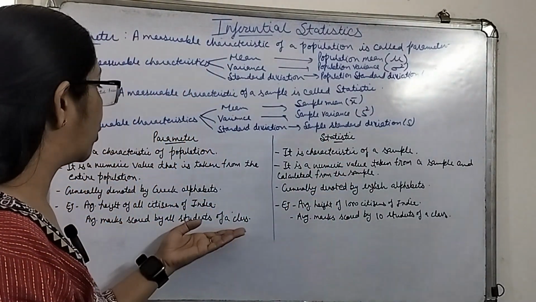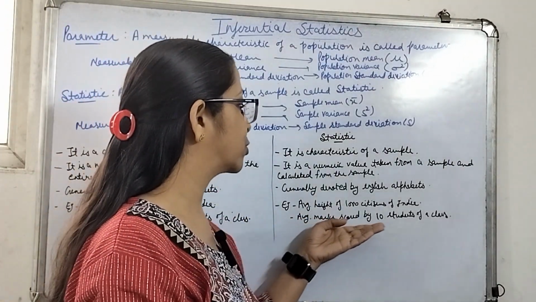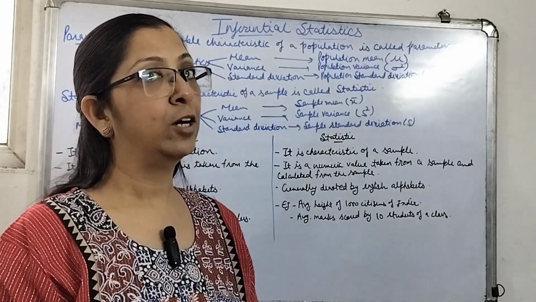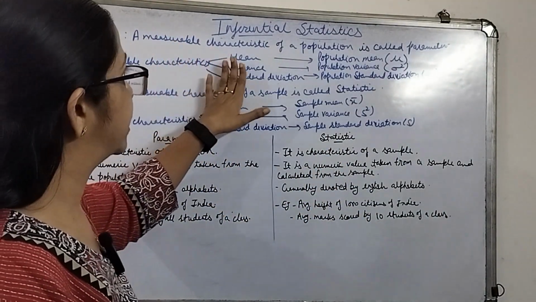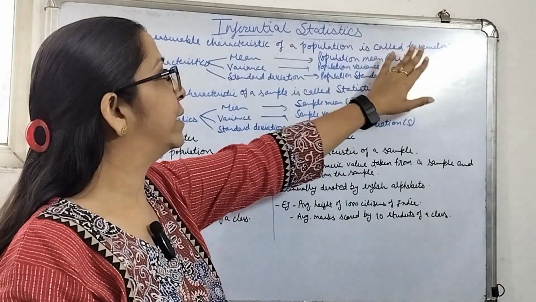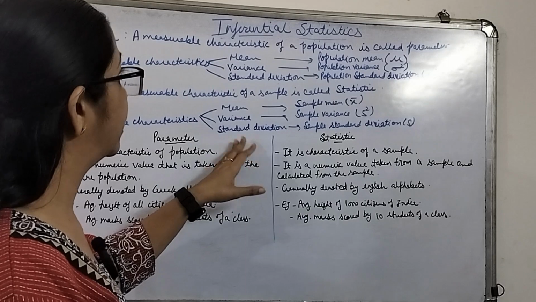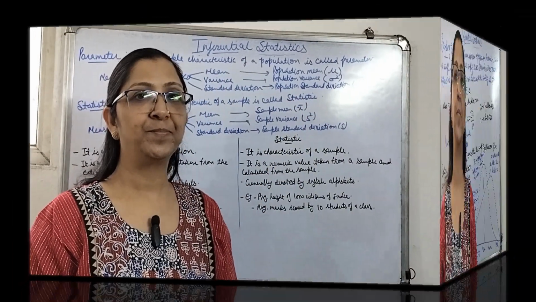Similarly, if we calculate the average marks scored by 10 students of a class instead of the whole class, it will be your statistic. Hope it is clear that when we calculate measurable characteristics for the whole population, it is a parameter, and when we calculate the same for a sample, it is a statistic.